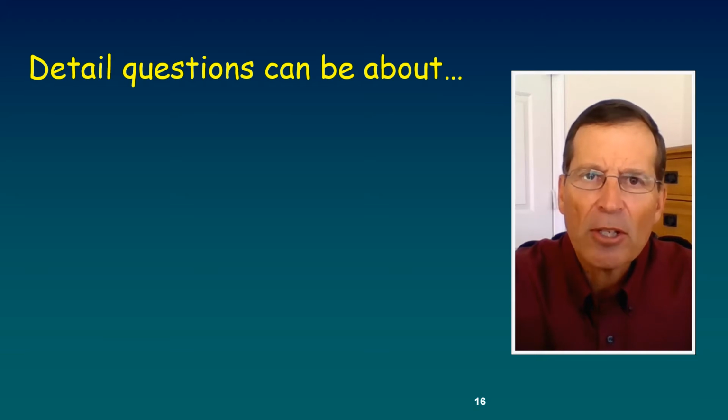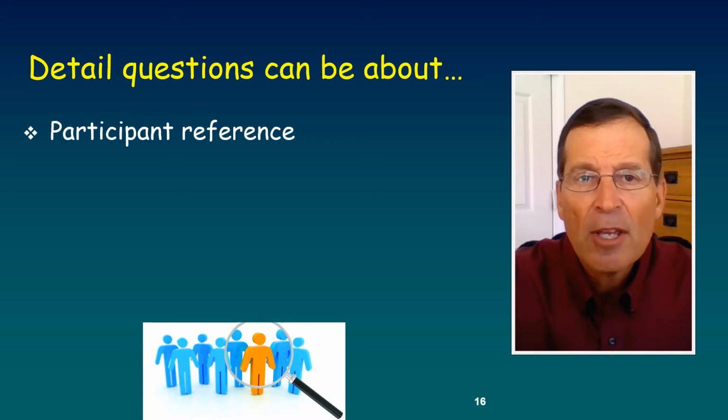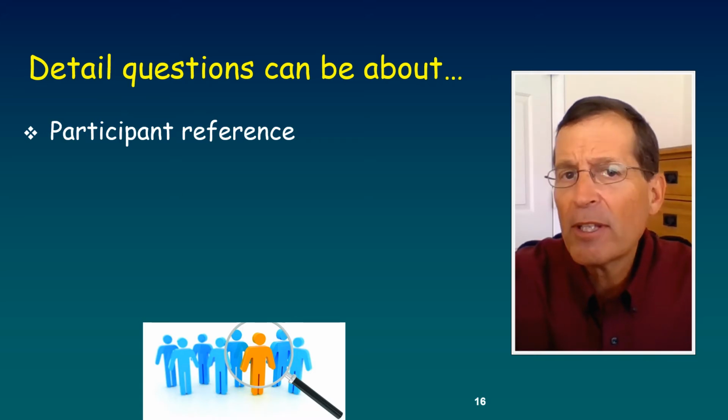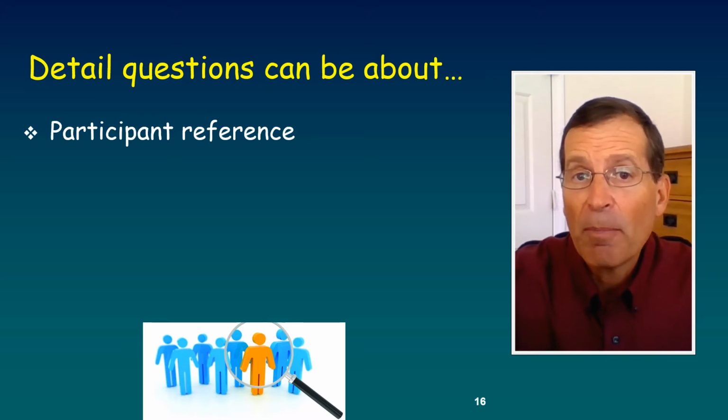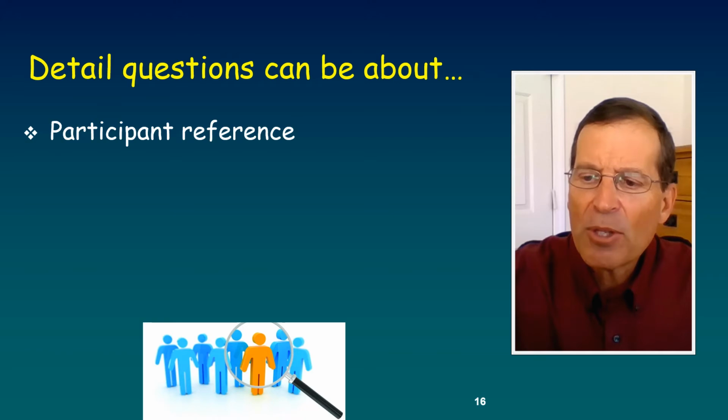Detail questions can also be about participant reference, to make sure your audience is clearly understanding who is doing what. So for instance, after telling this long parable or story, Jesus concludes by saying, "Which of these three do you think proved neighbor to the man who fell among the robbers?" 37, he said, "The one who showed mercy on him."